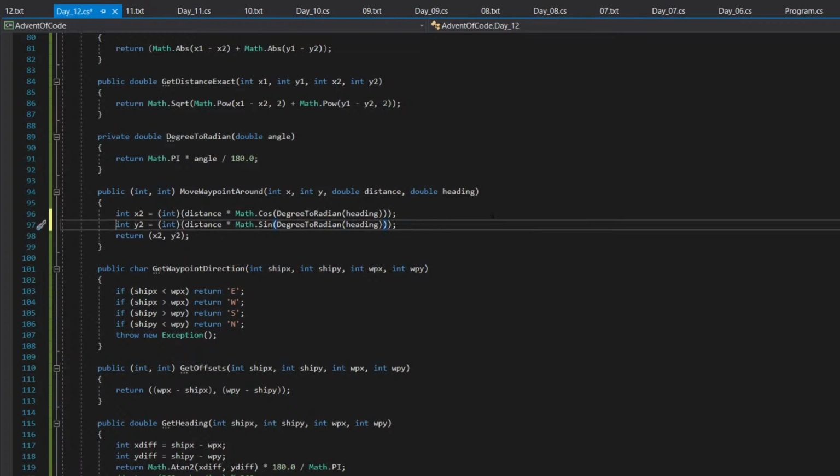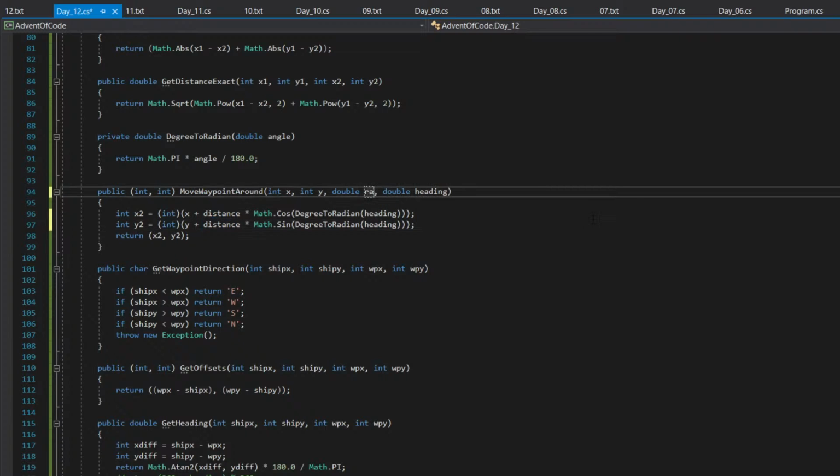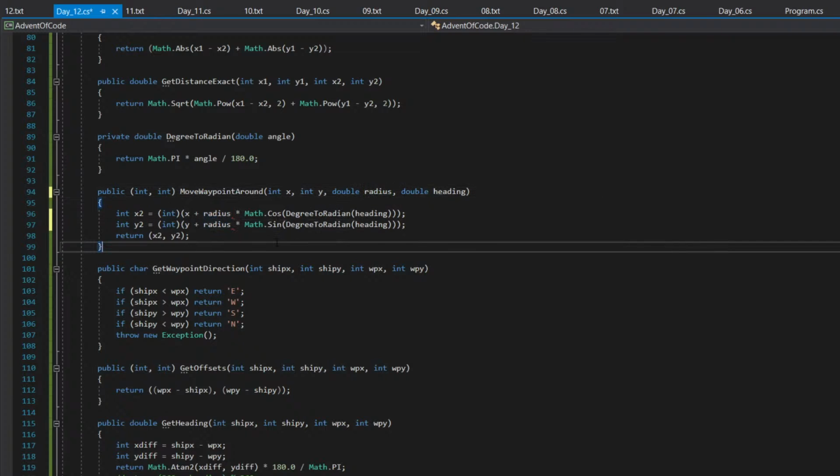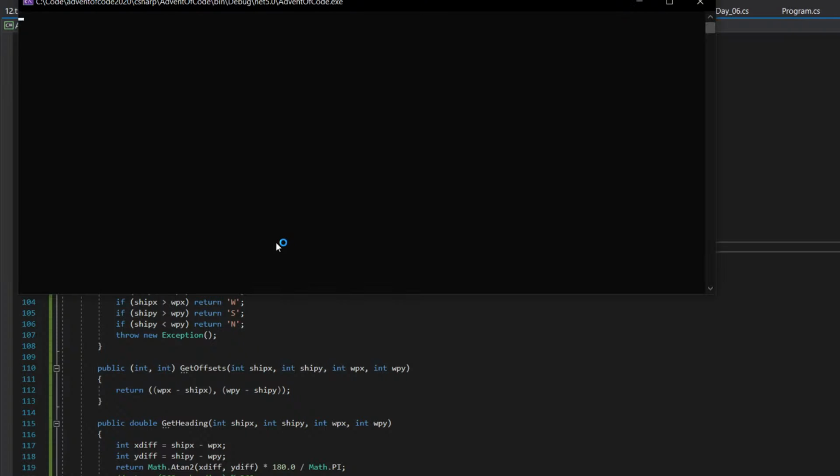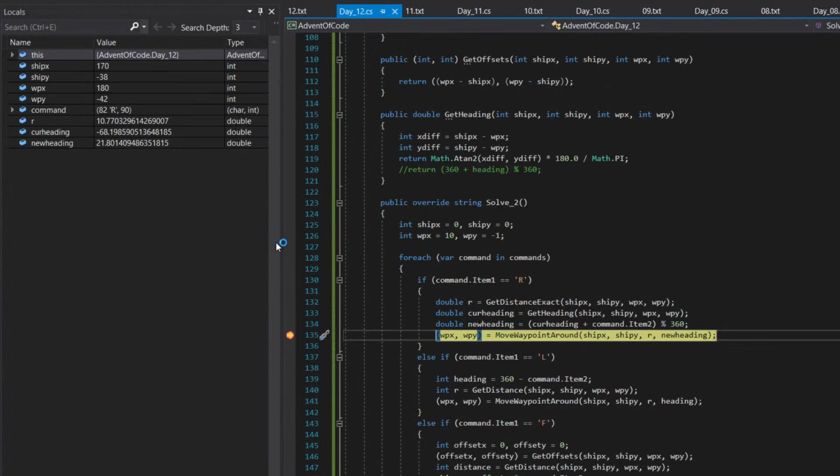We got a bad order. Should really call this radius. Cosine and then sine. Yeah, it doesn't matter.